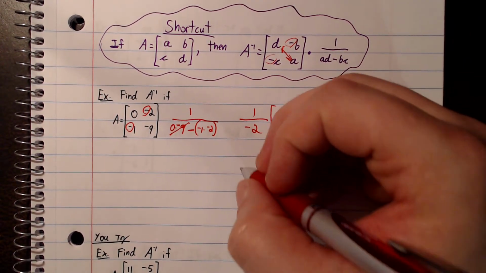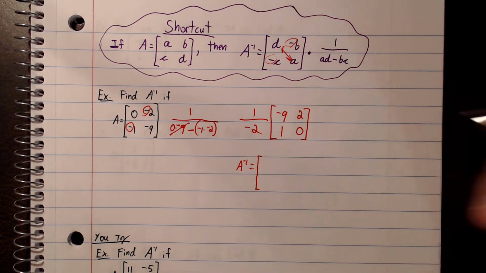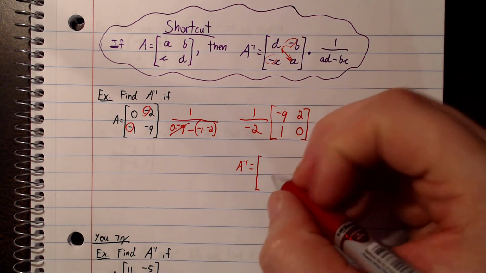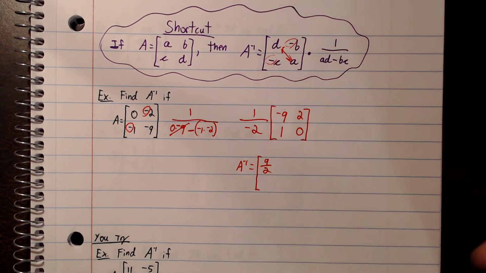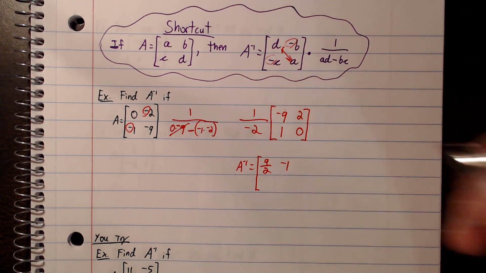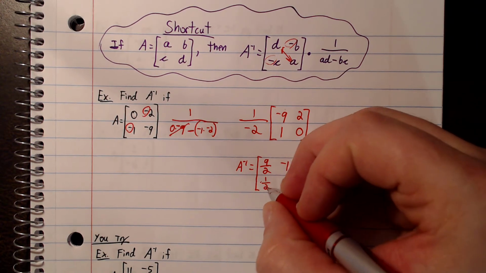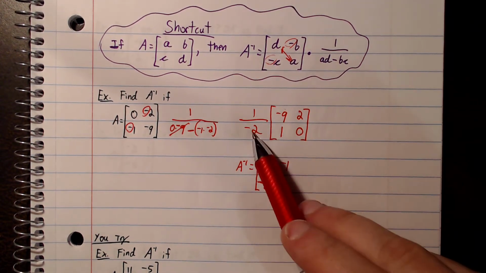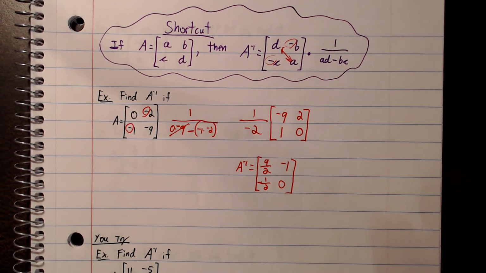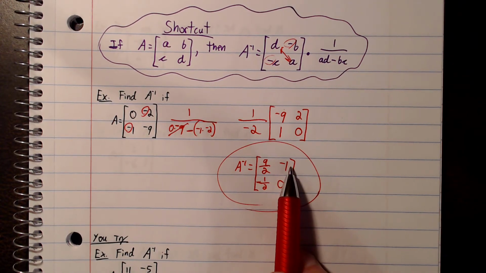So the shortcut, which it is actually shorter, right, we're going to do negative 9 divided by negative 2, that becomes positive 9 over 2. 2 over negative 2 is negative 1. 1 over negative 2. And then 0 divided by anything, that just stays at 0. So there's your inverse matrix using the shortcut. 9 over 2, negative 1/2, negative 1, and 0.